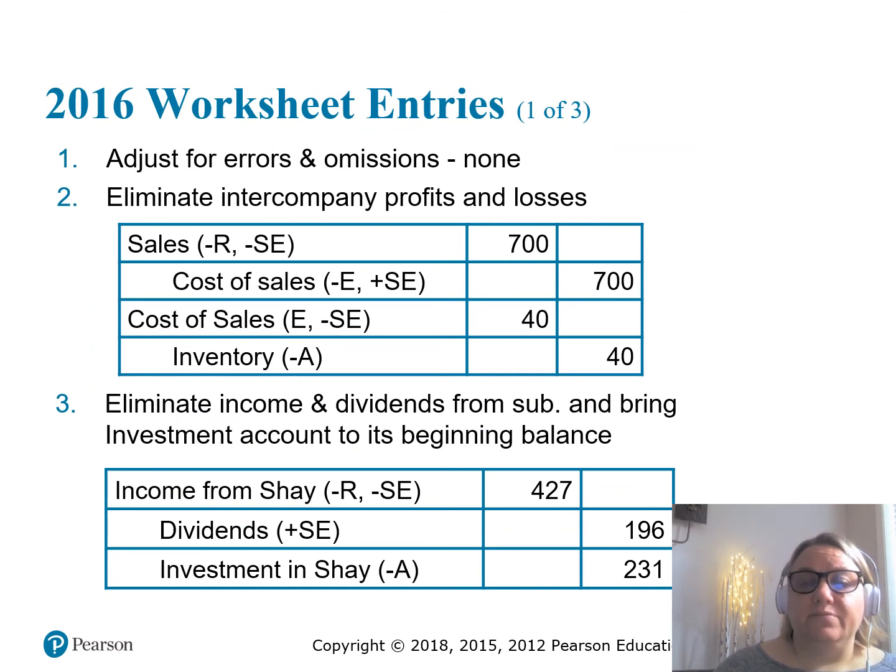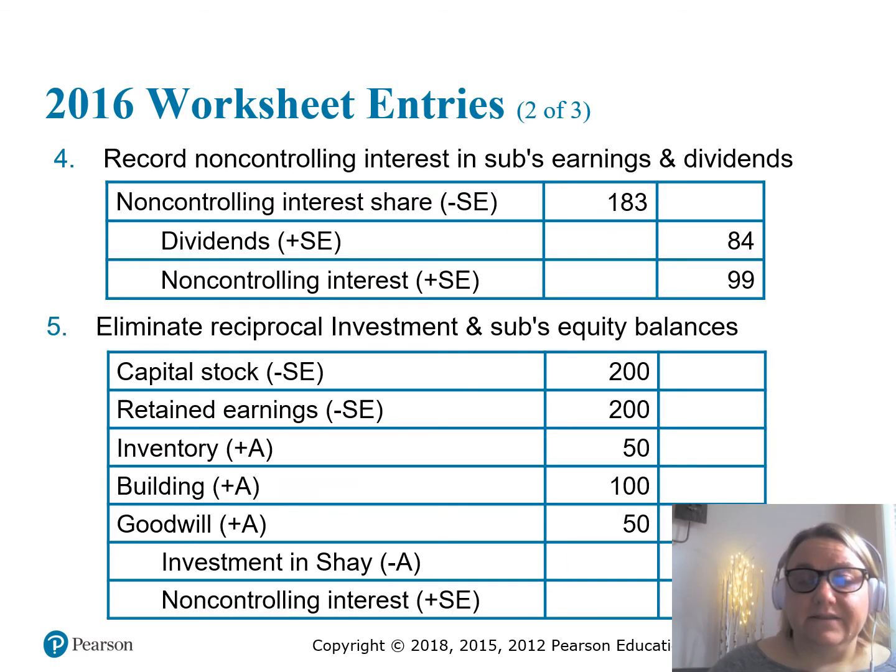Adjustment for errors and omissions. We're going to take out the intercompany sales and the cost of sales right here from the inventory. And then we're going to adjust the income and the investment. This investment is based on eliminating the subsidiary income and dividends.